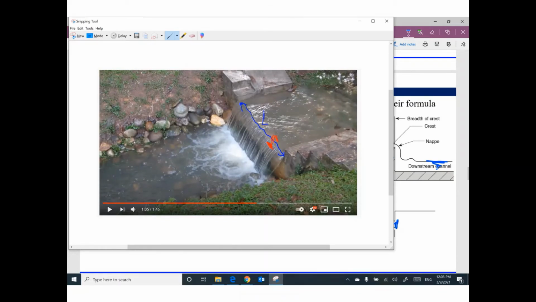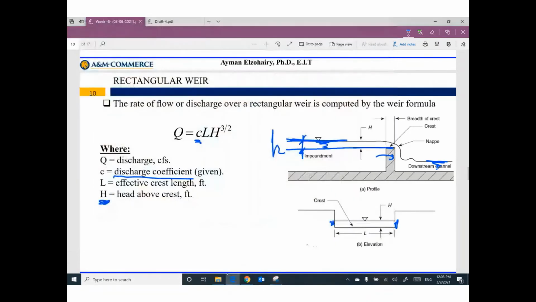So if you can measure the width of this weir and the height of water above the top surface of the weir, and using the value of C, the discharge coefficient, you can figure out the discharge over this weir.